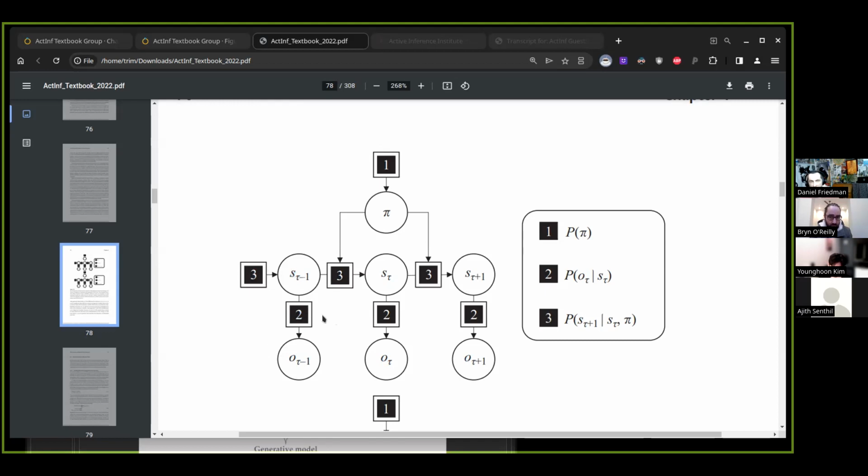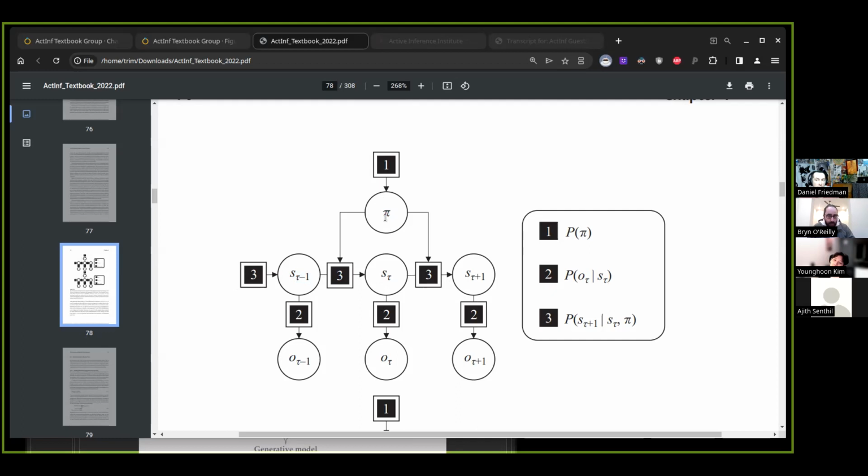Where do we embed action in the partially observable Markov decision process? Well, the partially observable part is on the bottom because we have parts that are observable and parts that aren't. The Markovian property through time is that the past only influences the future through the present. And then the last piece is the decision process. Pi is here policy. It's intervening in how the world changes through time.